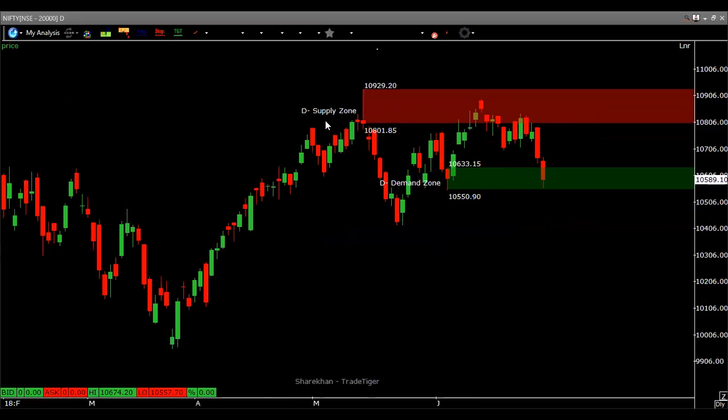You can see that prices touched the zone once, dropped, then moved higher into the zone, and then again dropped. It was hovering around this area of supply for quite some time. And then finally, we had a very big fall in the last 2 days, and prices collapsed into this area of demand, which I had marked last week.